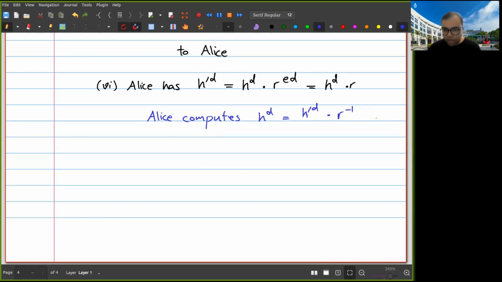And again, this is mod n. So now Alice found a signature on H, because this is H to the power of D and she could actually compute it.